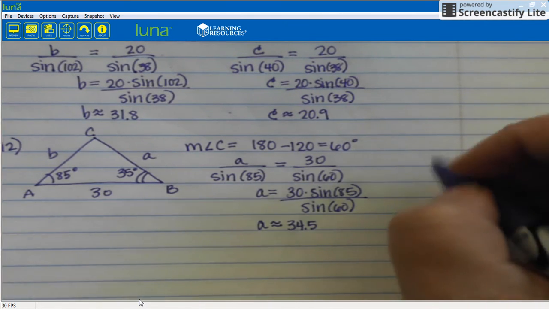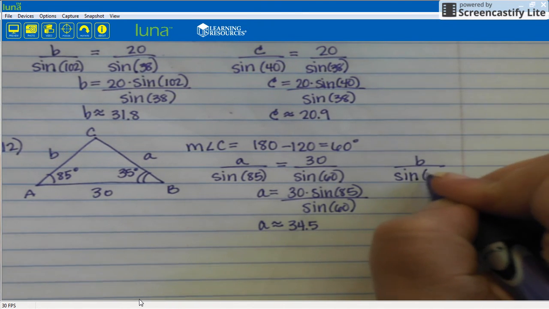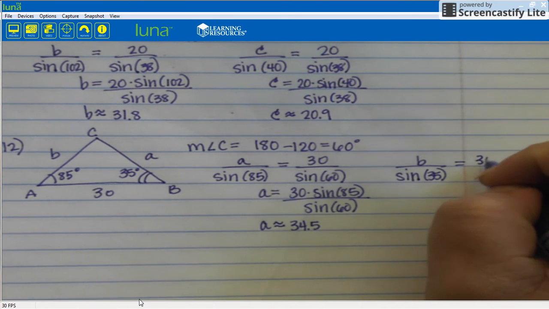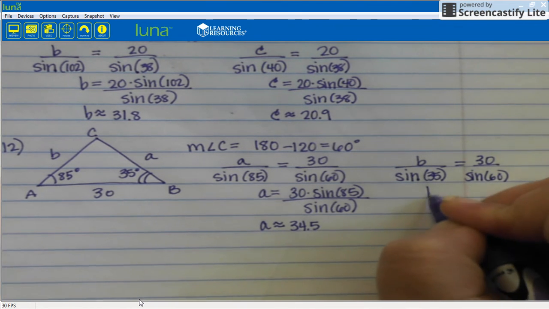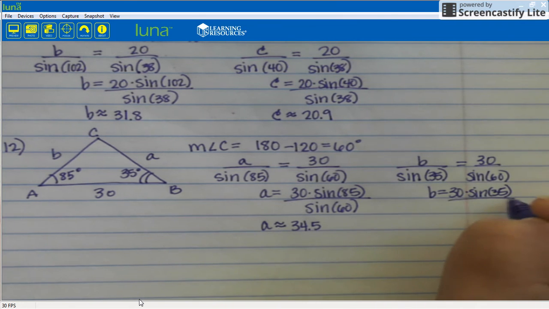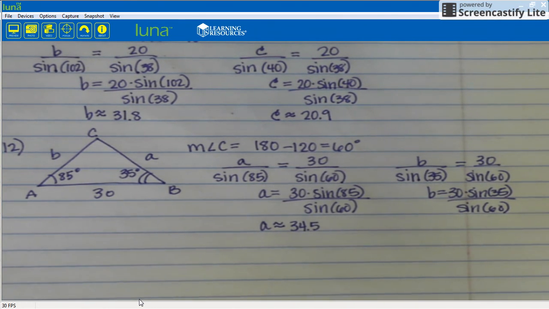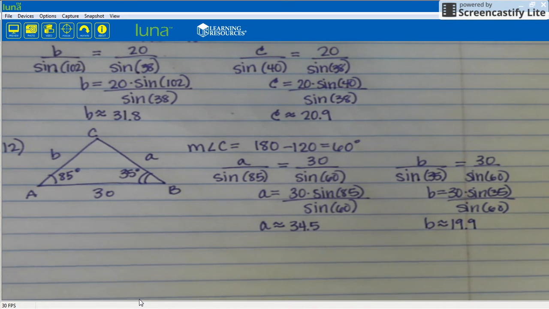And then to solve for b, we have b over the sine of 35 is equal to 30 over the sine of 60. So b equals 30 times the sine of 35 divided by the sine of 60. And this gives you little b is approximately equal to 19.9.